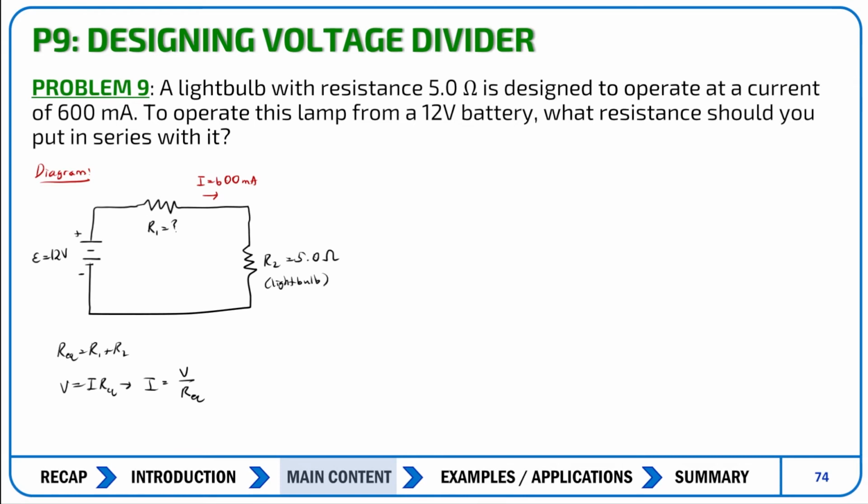So how do we solve? First, we should figure out what Req has to be. So we know Req is R1 plus R2. We can combine everything together. We have I is equal to V over R1 plus R2. I'm trying to solve for R1, so I'll have to rearrange this.